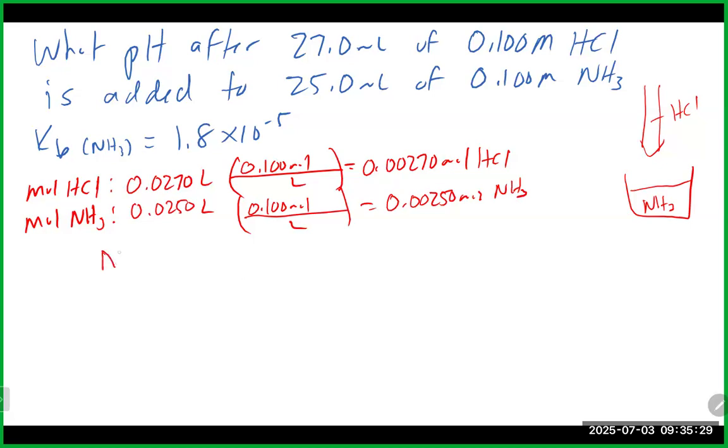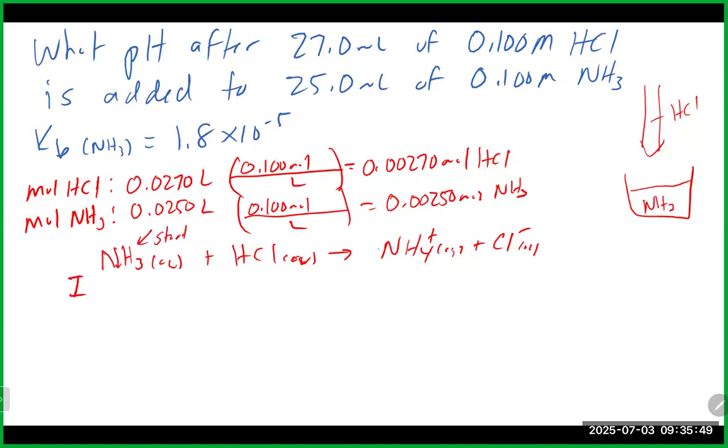Again, we're going to need an ICE table. So our reaction: NH3 plus HCl, giving us NH4+ and Cl-. Initially here, this is what we are starting with. This is what we are adding.